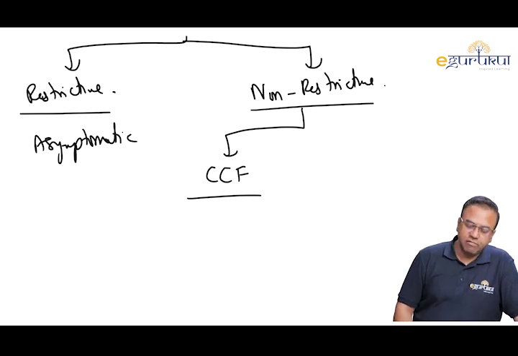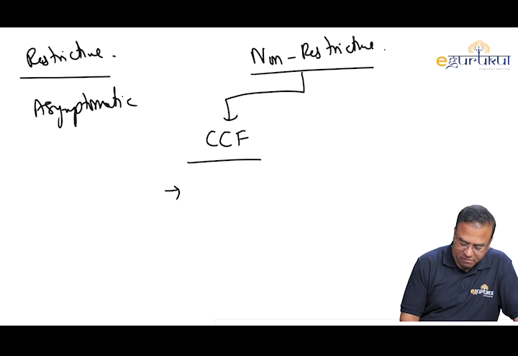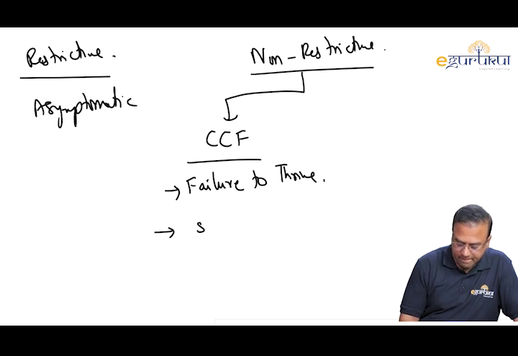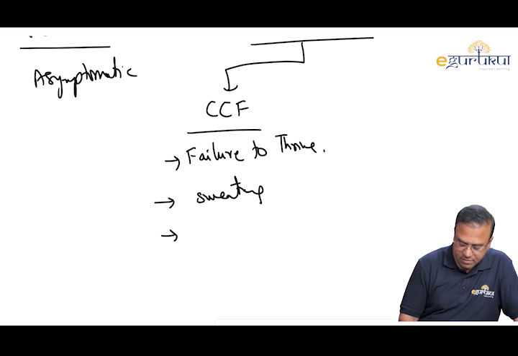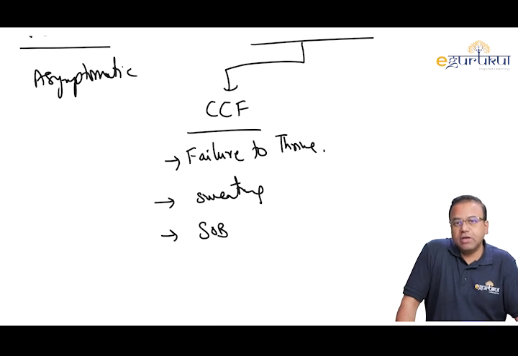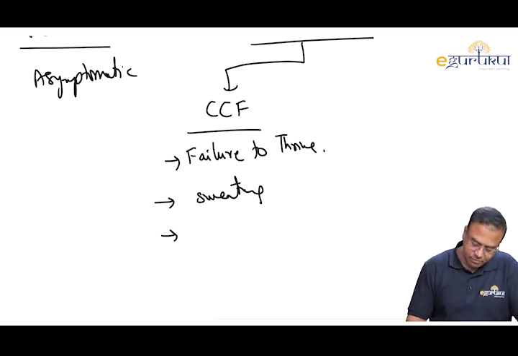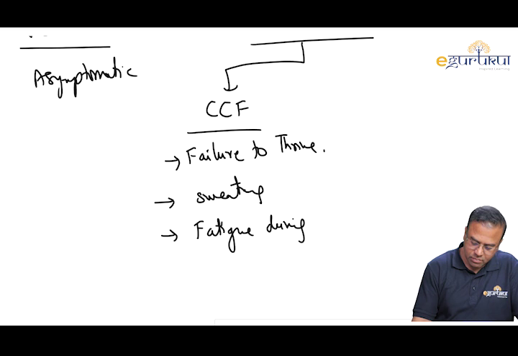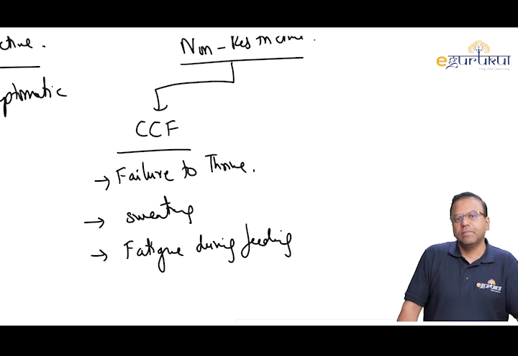What we expect in an infant in congestive cardiac failure is failure to thrive, excessive sweating, signs of breathlessness, or fatigue during feeding. All these are important ways of how congestive cardiac failure can manifest in a child.